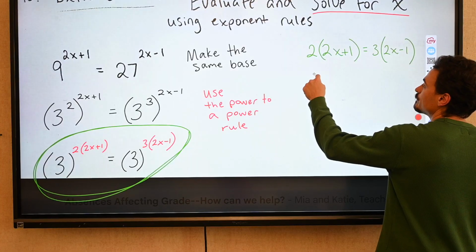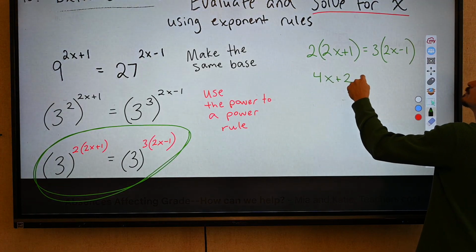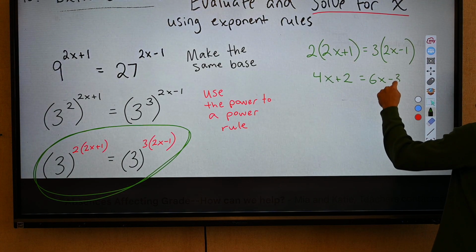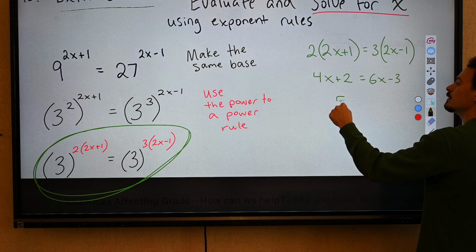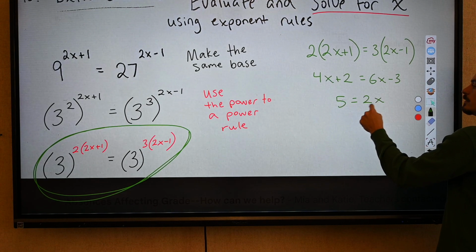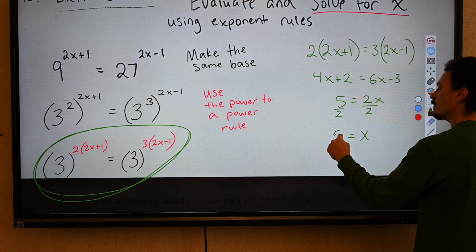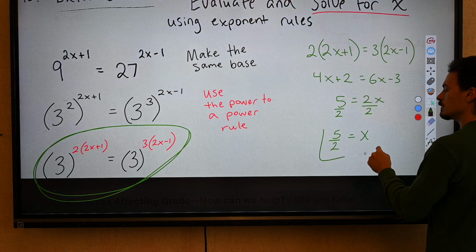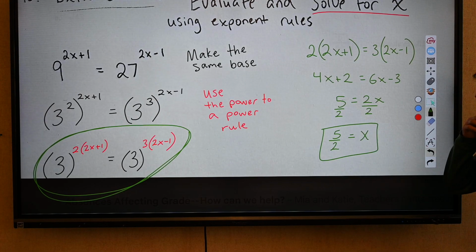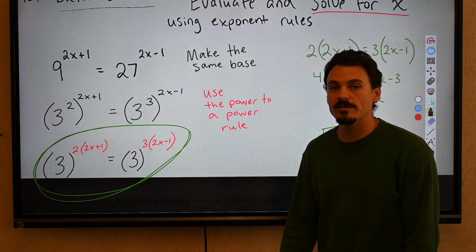And then we solve. All right, don't make a mistake here. Solving should be very simple. We get x equals 5 over 2. Okay, x equals 5 over 2.